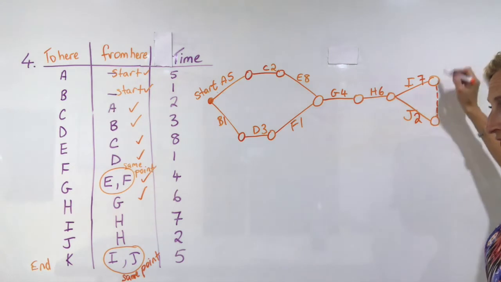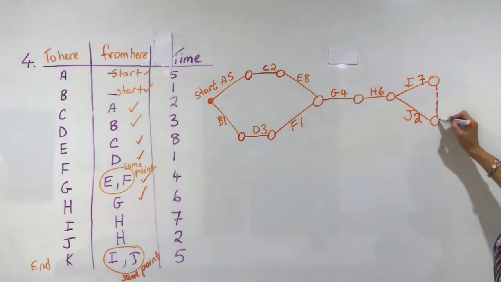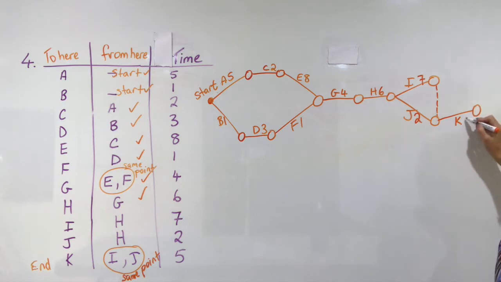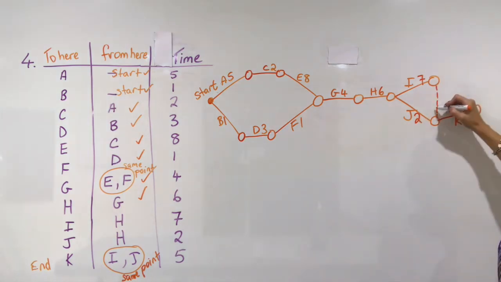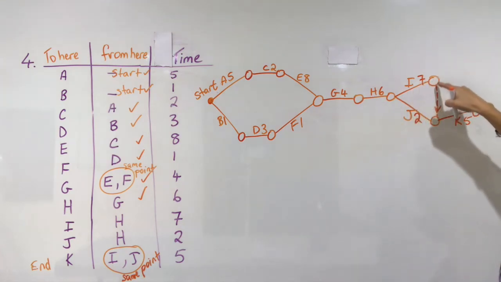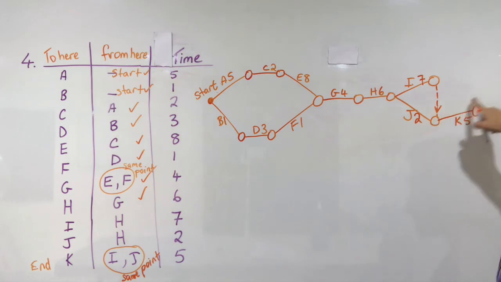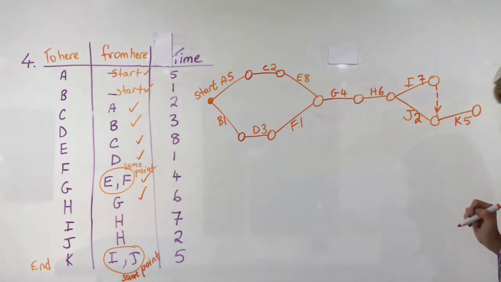But from both of these points, I can get to K. And I join them by putting a dummy from one to the other, and then from this point, I would go to K.